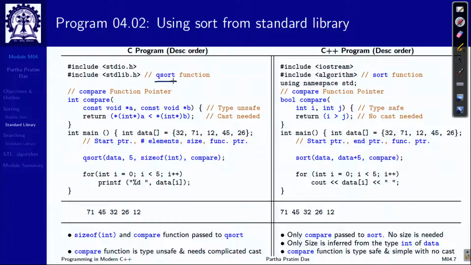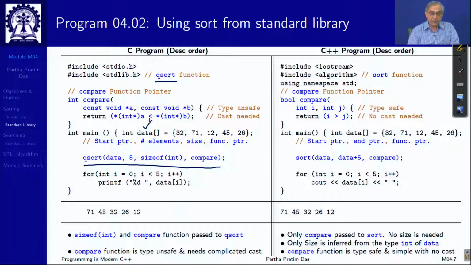So, we include that header. Now, this is how you invoke the quicksort function. What we are intending to do is, we have a data array which we have initialized with 5 elements, and we want to sort that array. So, what are the things that we need to know? Obviously, quicksort needs to be told what the array to sort is.